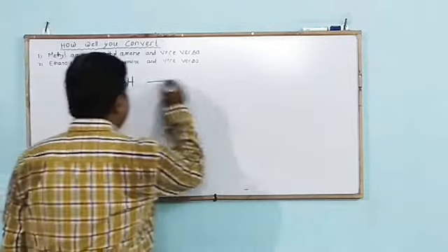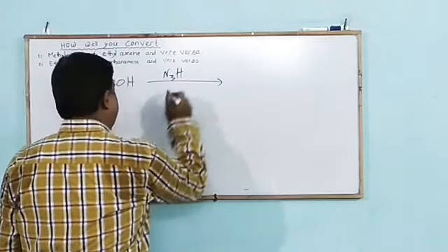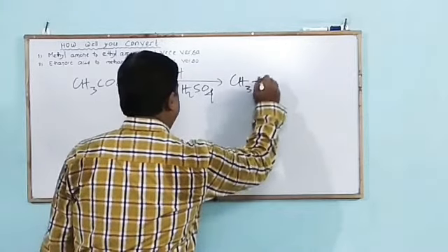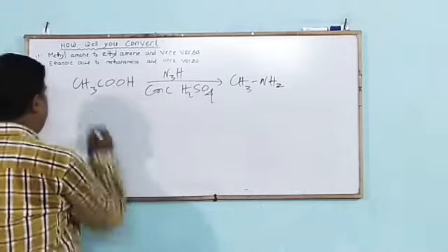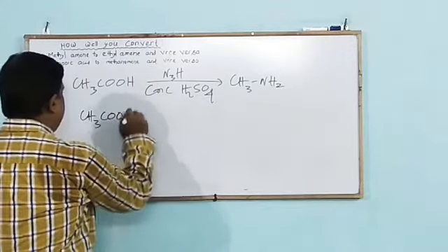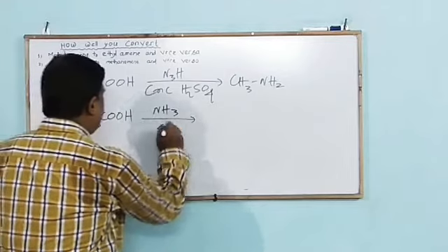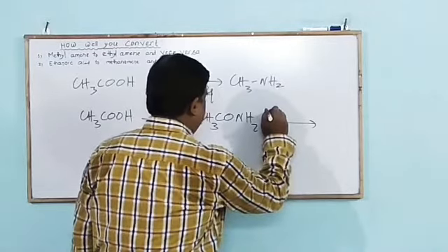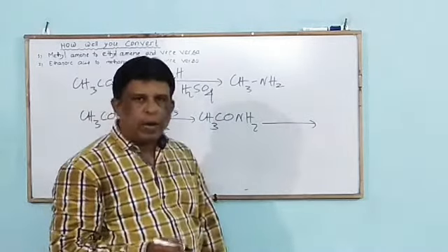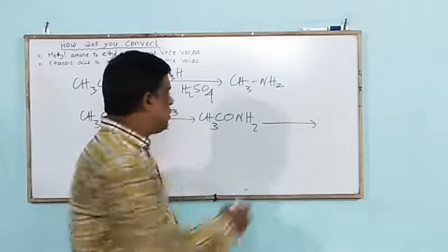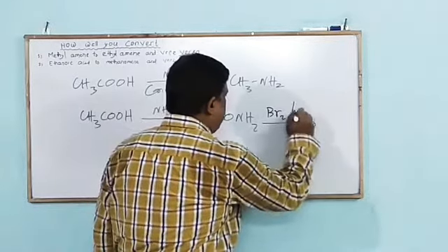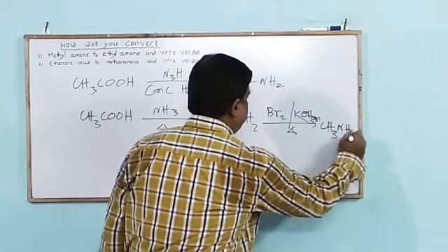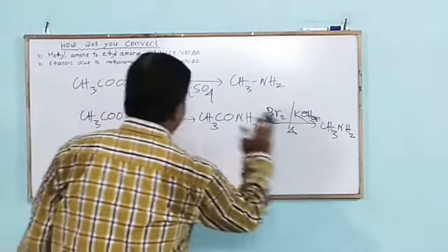Either it is carried out in a direct step, heated with hydrazoic acid in presence of concentrated sulfuric acid to form methylamine, or acetic acid is heated with ammonia to form acetamide. Acetamide undergoes Hofmann bromamide reaction, or Hofmann degradation reaction, that is, it reacts with bromine in presence of aqueous alkali to form methylamine.